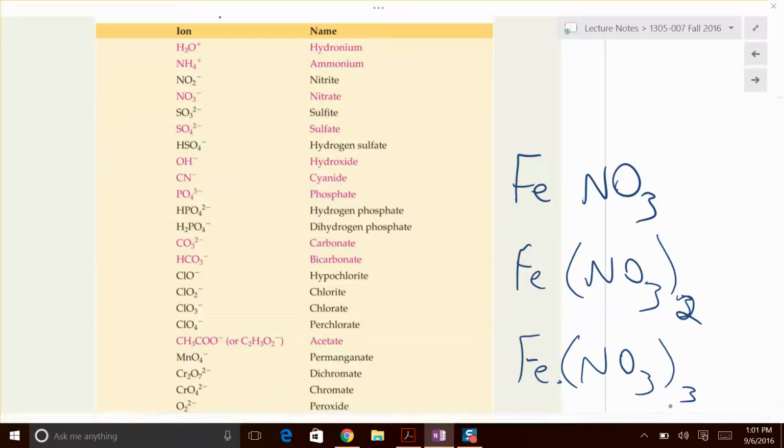This one is iron 3 because nitrate has what charge on it? You see it? -1. And I have 3 of them. So that's -3 charges. So what's the charge of the iron? +3. Iron 3 nitrate. What's the name of this one?